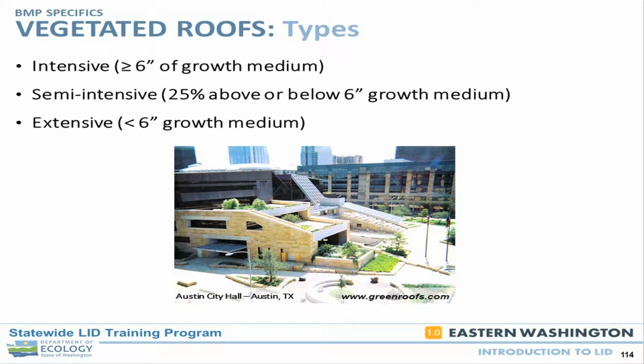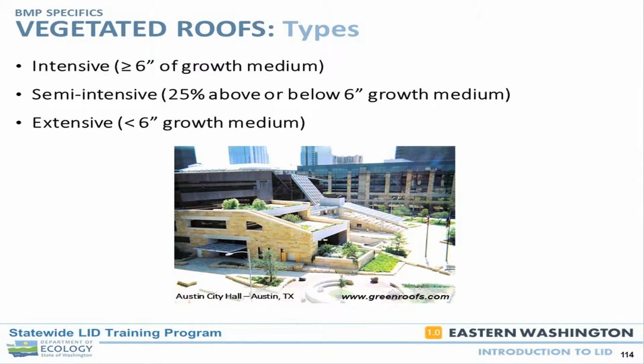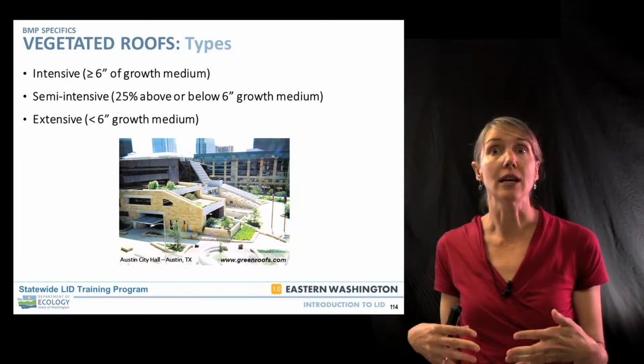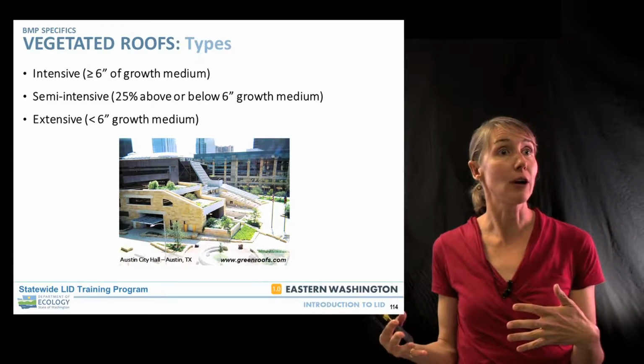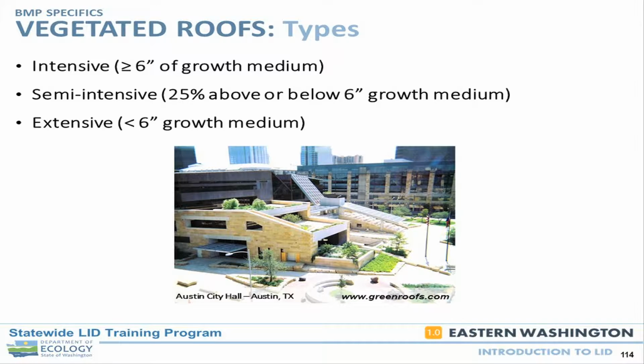Intensive roofs have a thicker growth media, which allows for additional plants like shrubs and trees. Because there's a deeper growth media, they also allow people to get out on the roofs, so you'll see rooftop patios and things like that, because there's more structure supporting the roof.